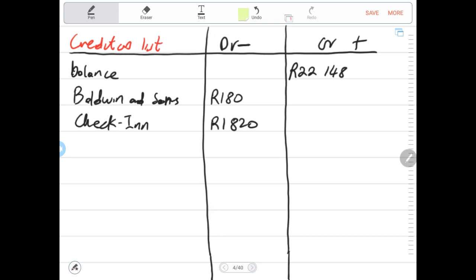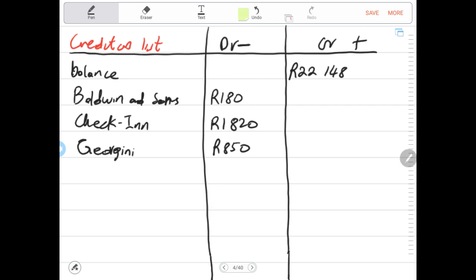On which side? On the debit side. So now we need to say, Georgina, we must decrease your account. Decrease the account of Georgina. We have paid Georgina 850.